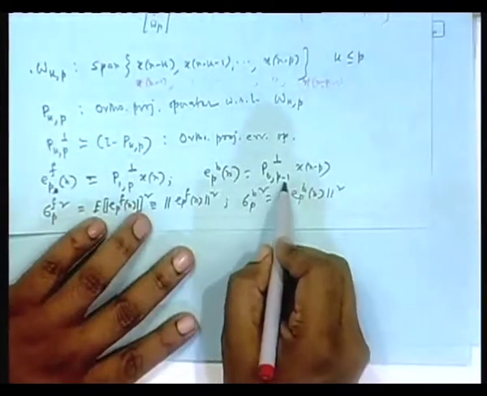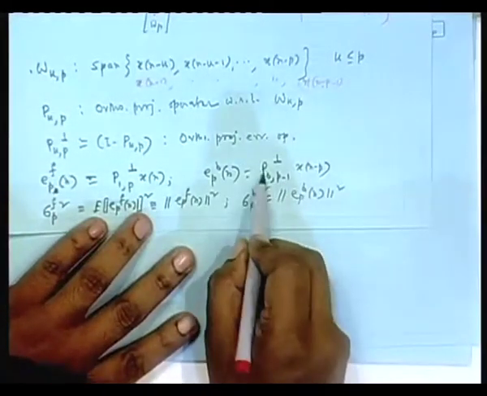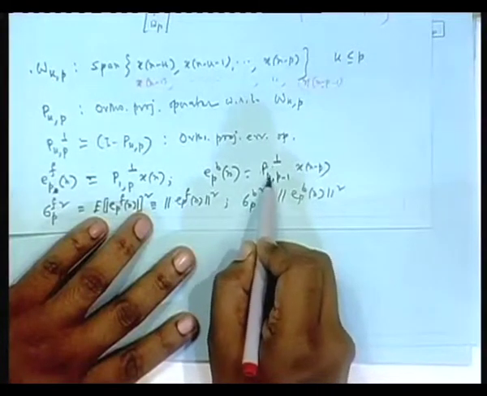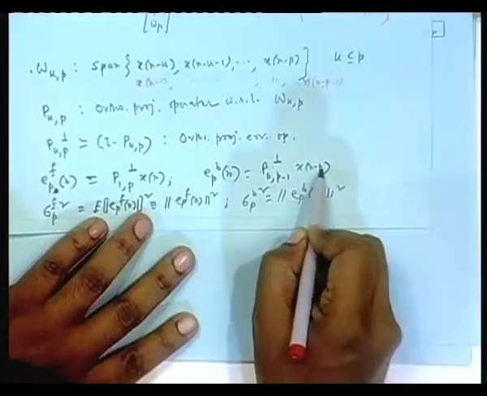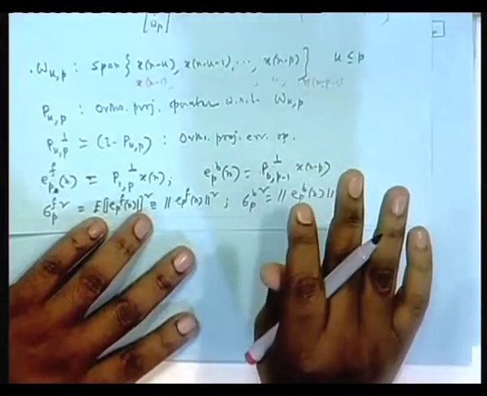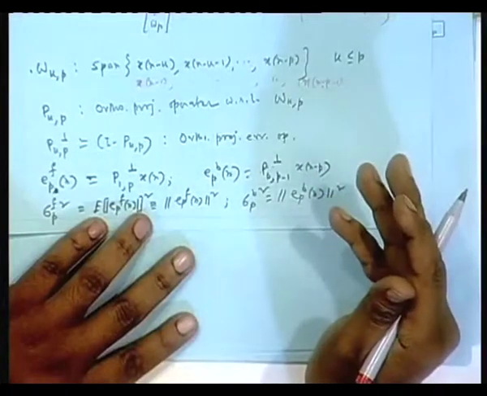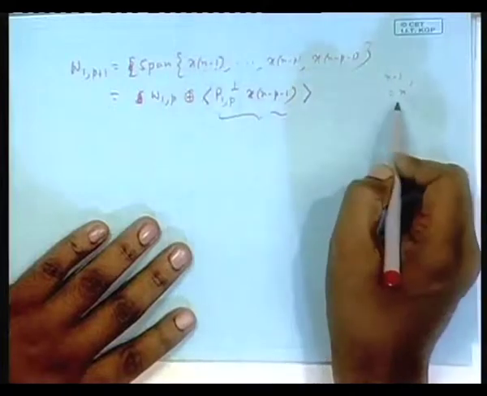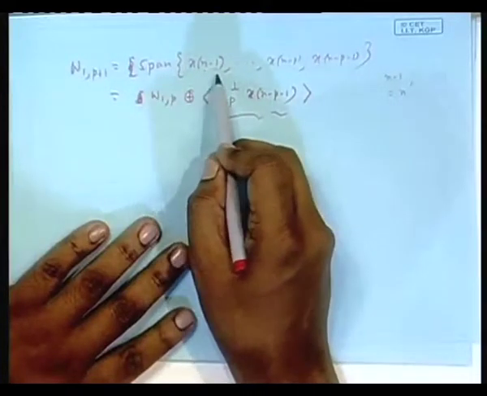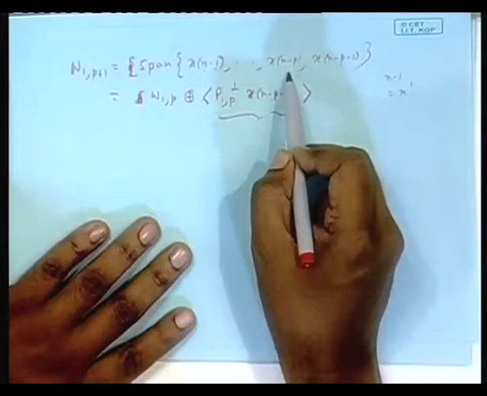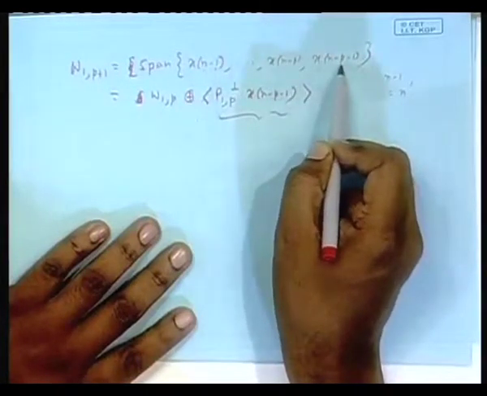By this definition, n prime minus 0, n prime minus 1, up to n prime minus p plus 1 are the elements. On that, n prime minus p is projected, and that gives the error, isn't it? I am calling n minus 1 as n prime. Then x n prime is what? n prime minus 0, n prime minus 1, up to n prime minus p plus 1, and n prime minus p.